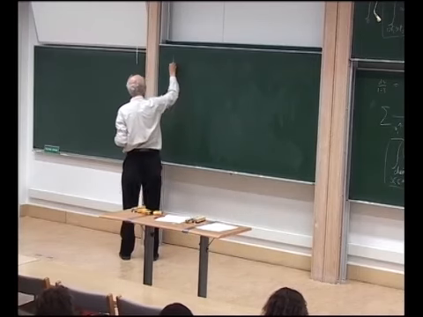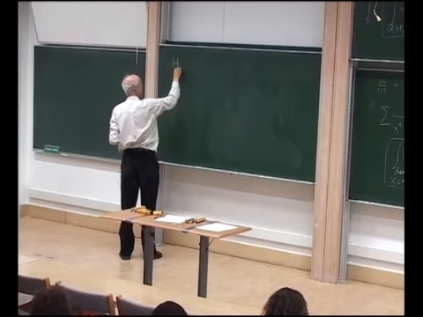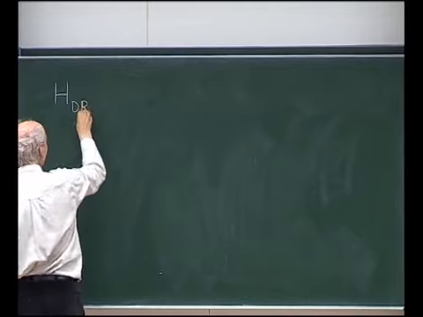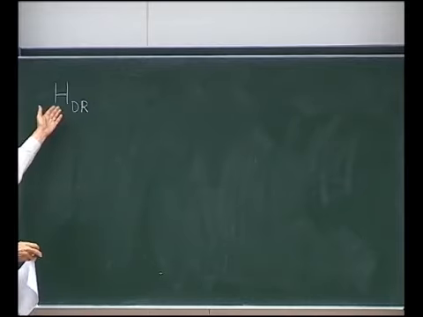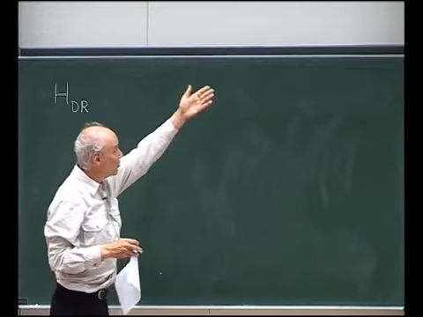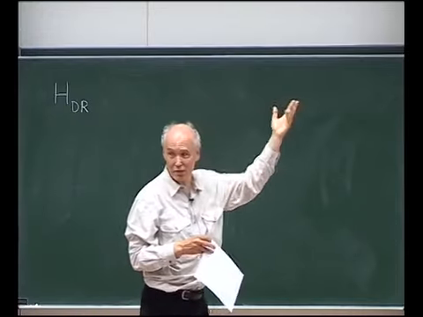So if you consider any kind of cohomology, like relative cohomology of an algebraic variety and a subvariety, as a whole you have various ways of looking at it.